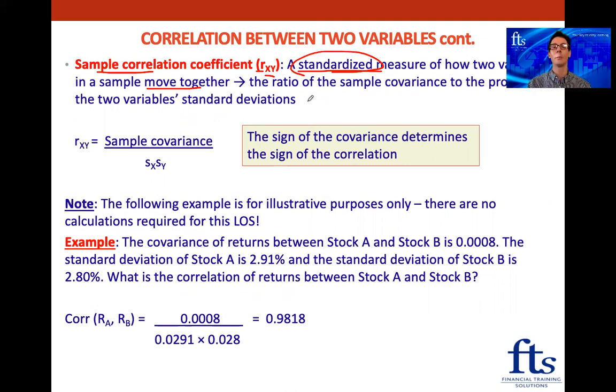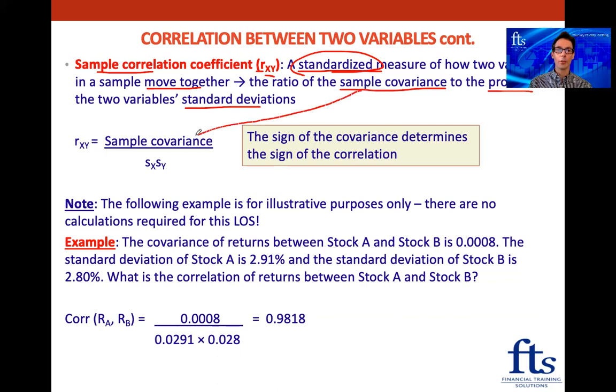So how do we work it out? It is the ratio of the sample covariance. So we're going to start with our covariance that we looked at on the previous slides. It's the ratio of that to the product of the two random variable standard deviations. So here it is over here.